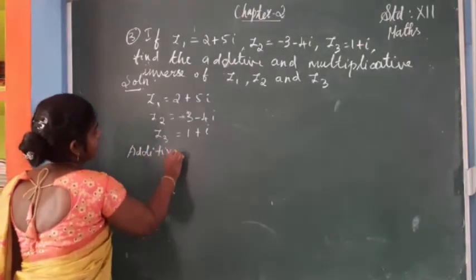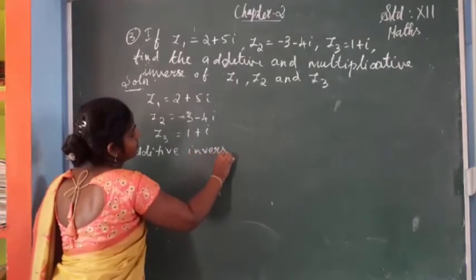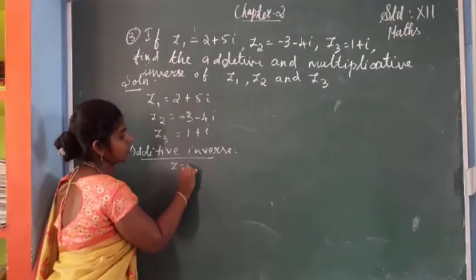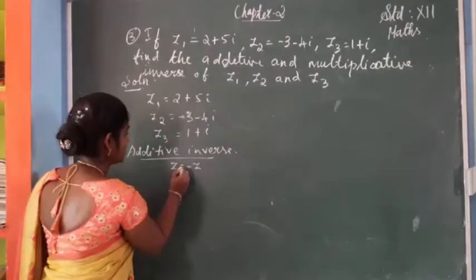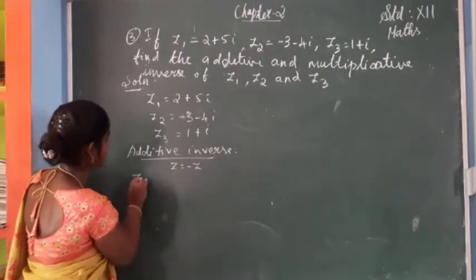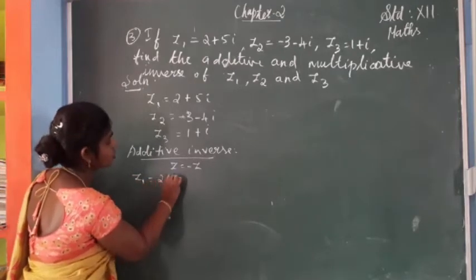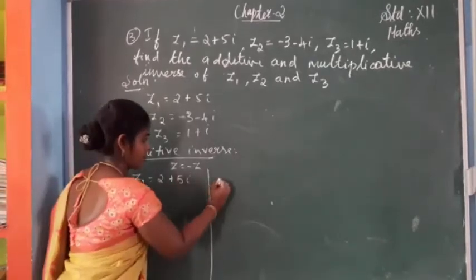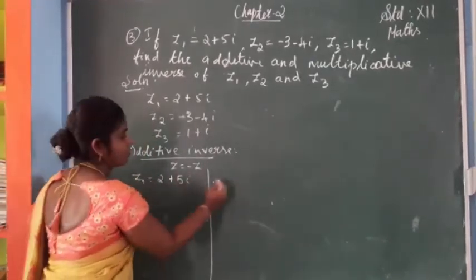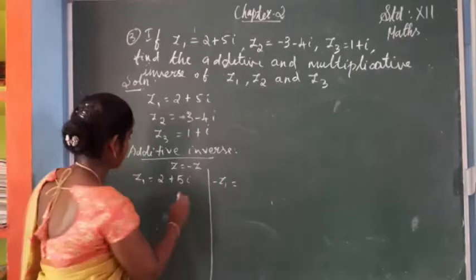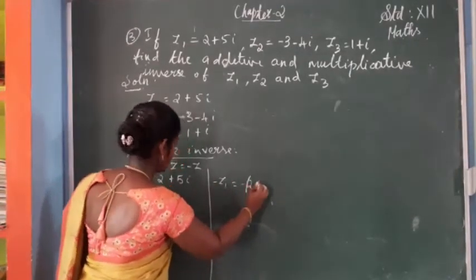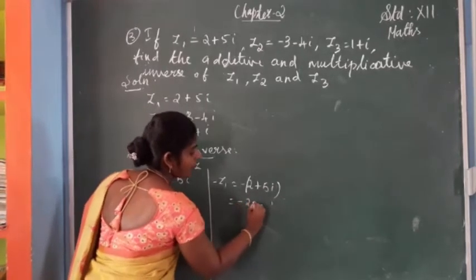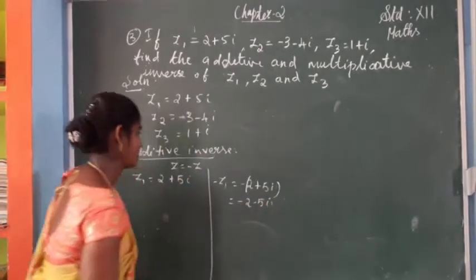Additive inverse. So for additive inverse, Z becomes minus Z. First one, Z1, the value is 2 plus 5i. So minus Z1 is equal to minus into 2 plus 5i, that's equal to minus 2 minus 5i.